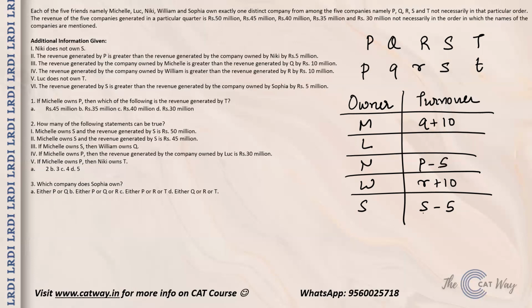All right. Now, guys, the total turnover that we have is P plus Q plus R plus S plus T. So this is the total turnover that we have. Now, the total turnover of the four companies that have been mentioned over here is P plus Q plus R plus S plus 10.